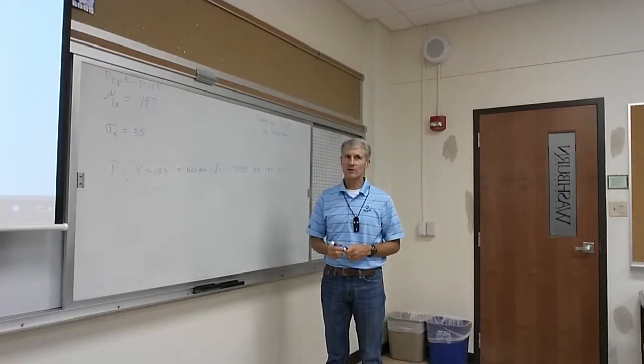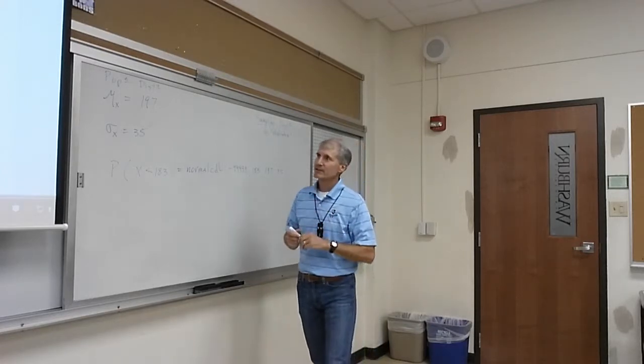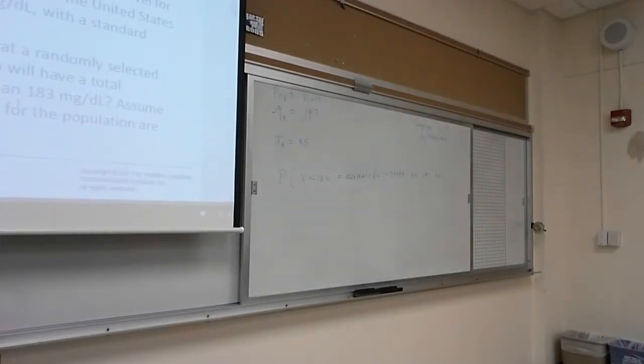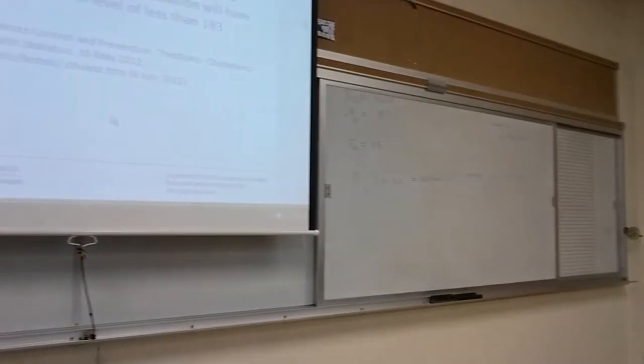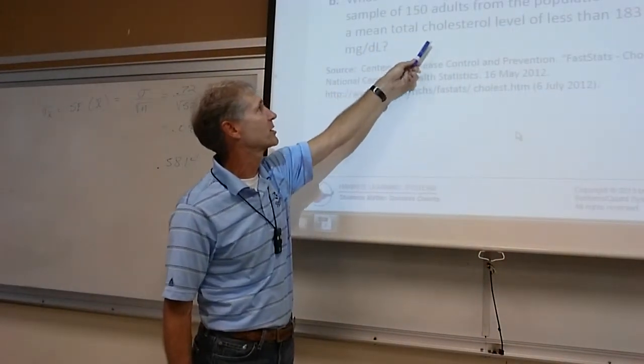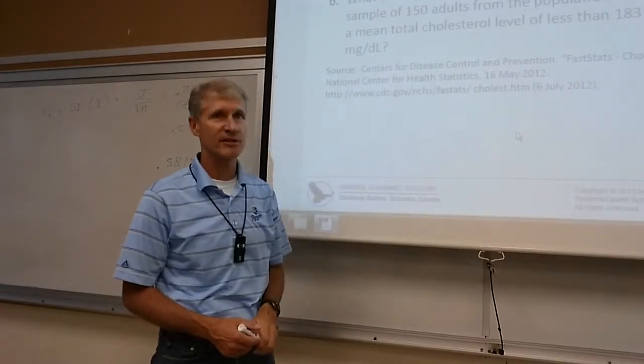Right? You don't have to convert to z-scores or do any of that stuff. Right? Now, I'll page down, and it will want to know the probability that a randomly selected sample of 150 adults from the population will have a mean total cholesterol level of less than 183.